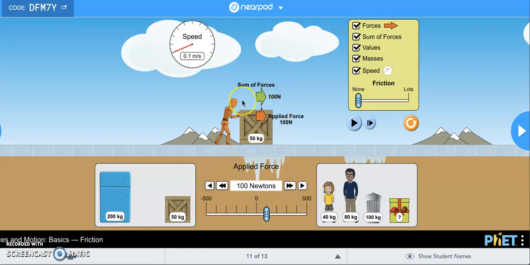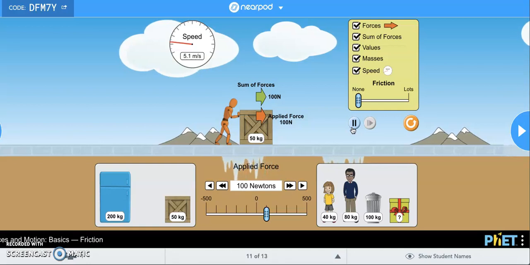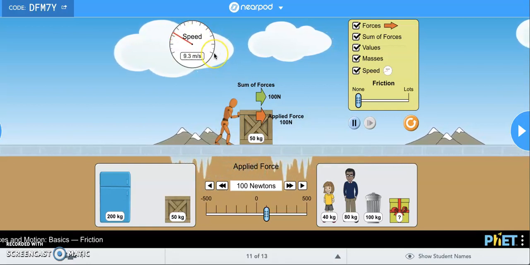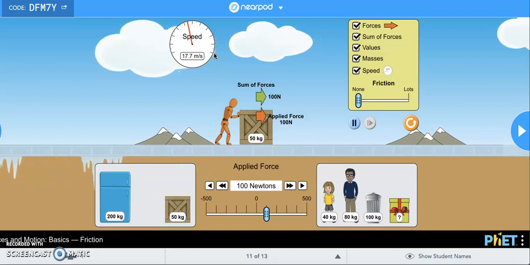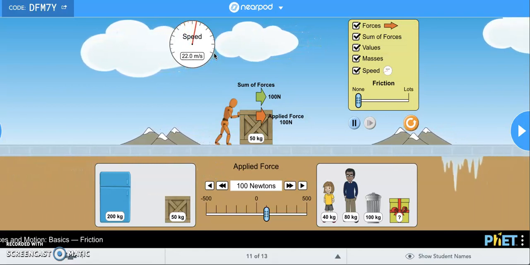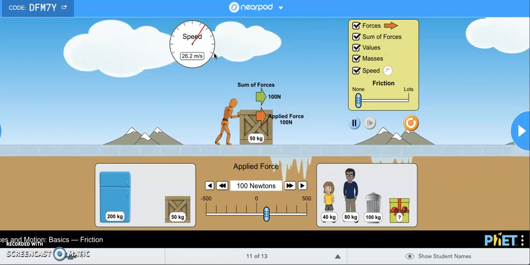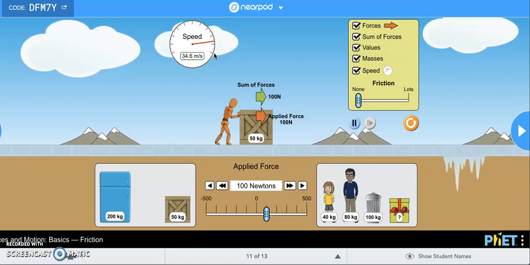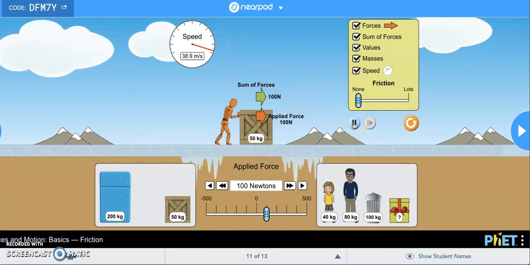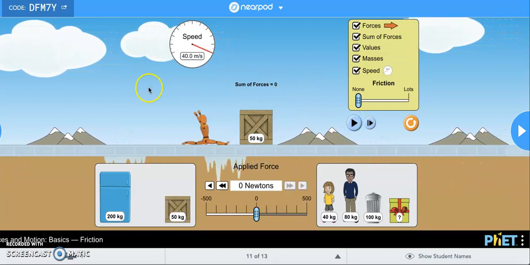So we're keeping our force constant at 100 newtons. We are timing how long it takes for the box to accelerate to a velocity of 40 meters per second. So my timer would be running, and as that's occurring, you would get some data.